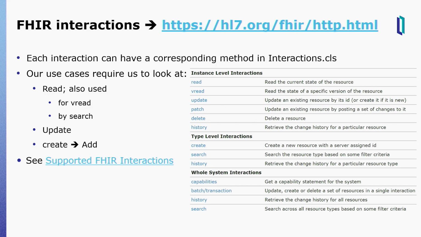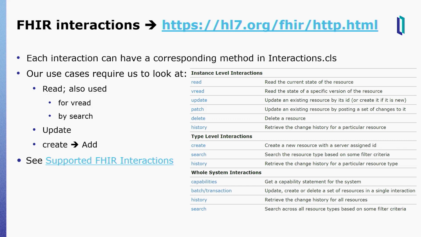There's a few exceptions: for create, the type level interaction, there's actually an add method. And there's a couple of things that are convenient to know, like the read method is also used for vread, for the versioned read, and it's also used for each resource that's inserted into a search bundle. So you can actually customize more than just the read by changing your read method.